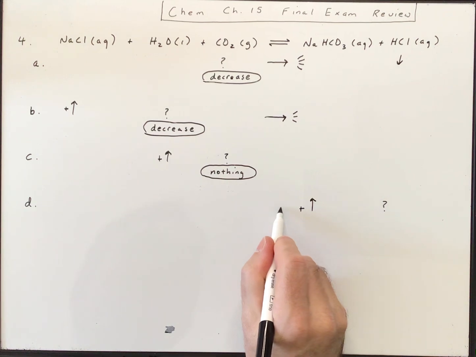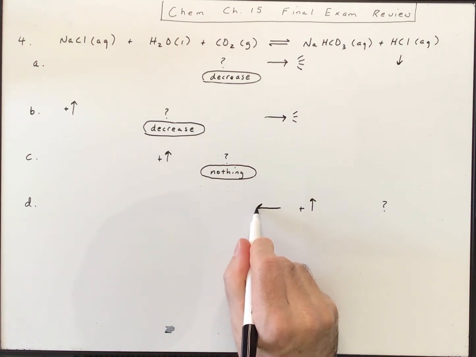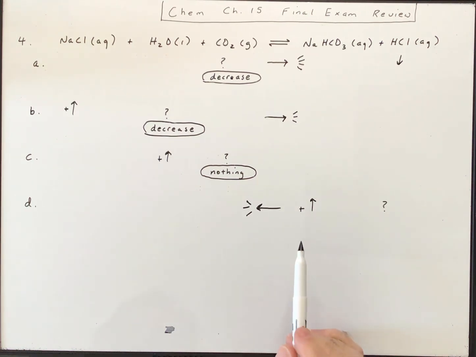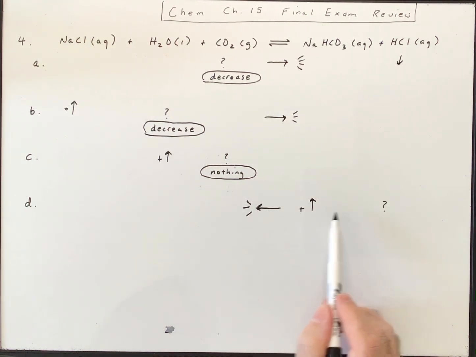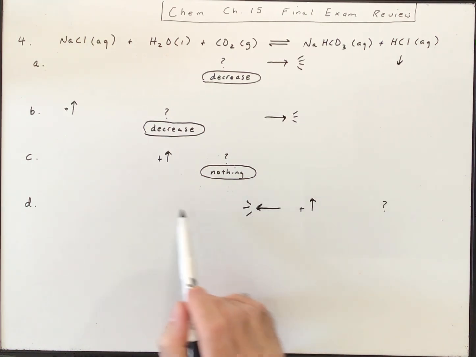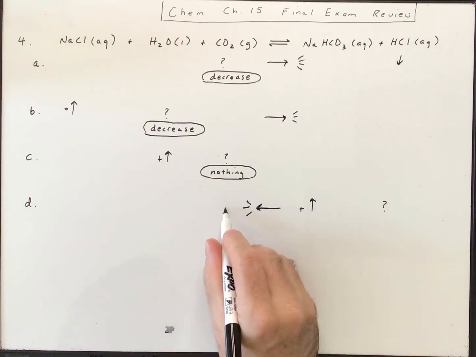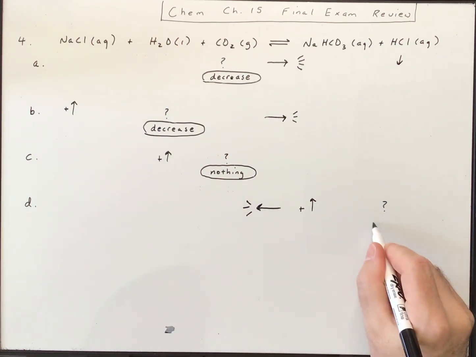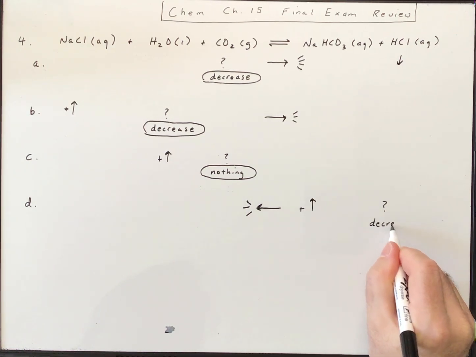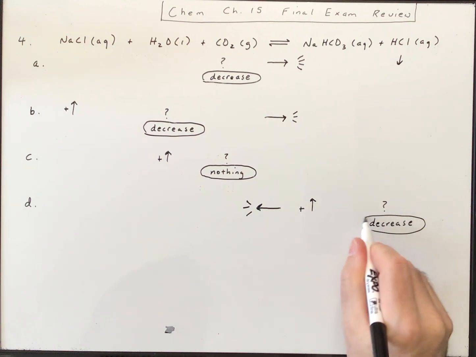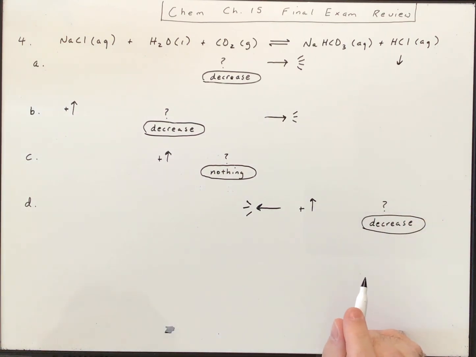Therefore, the right side will own the arrow. In order to achieve equilibrium, it will drain the right side and fill the left side. So, if the arrow is pointed to the left, the right side is being drained, it will decrease. So 3 out of the 4 of these scenarios are decrease, and then 1 was nothing.